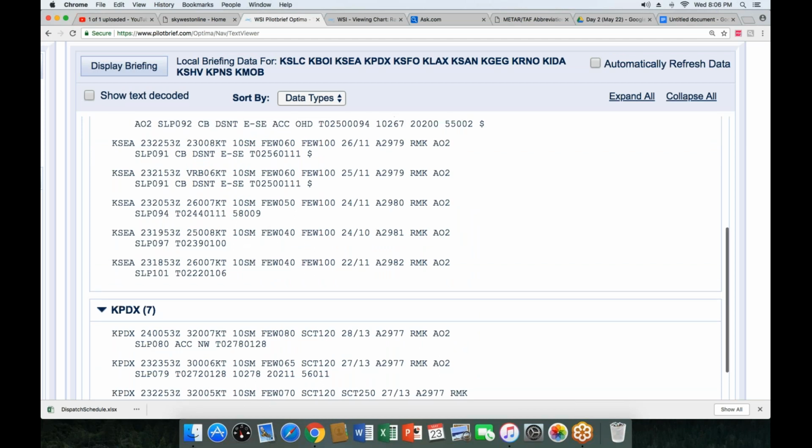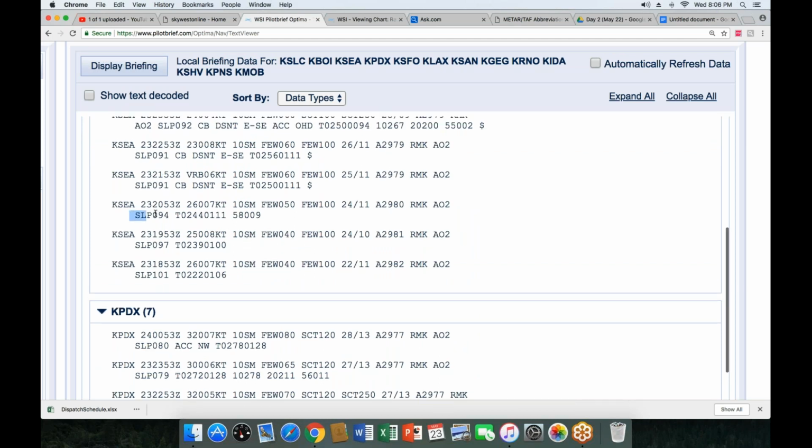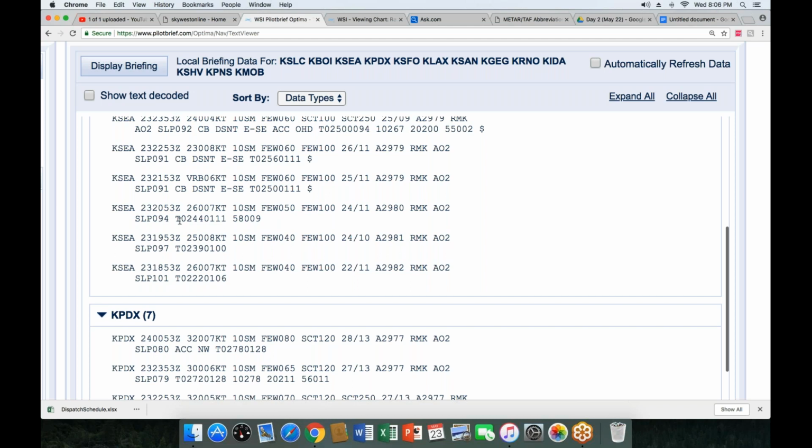Let's see if we can find it down here. This sea level pressure is giving us the sea level pressure in millibars. Whereas this altimeter right here is given to us in inches of mercury. This one's given to us in millibars. Does that make sense?